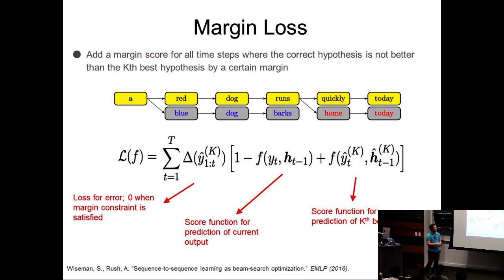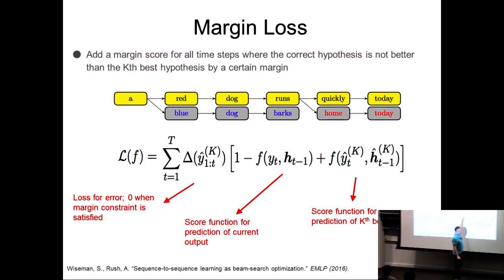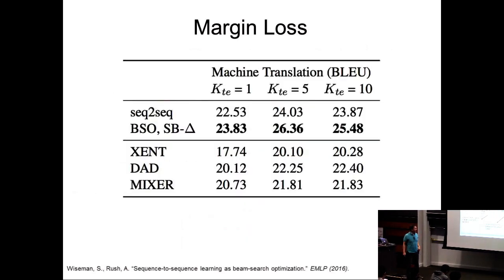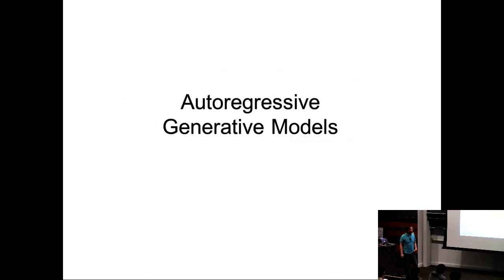If it's not, then I penalize myself by some margin. In this case, it's 1, and the margin itself is 1 because scaling here is irrelevant. So this is very similar to the ranking loss. You're really trying to optimize for settings where your prediction score is at least larger than the kth best prediction by some margin. You basically want to make sure that you are sitting among the K best predictions. And for machine translation, these things work fairly well.